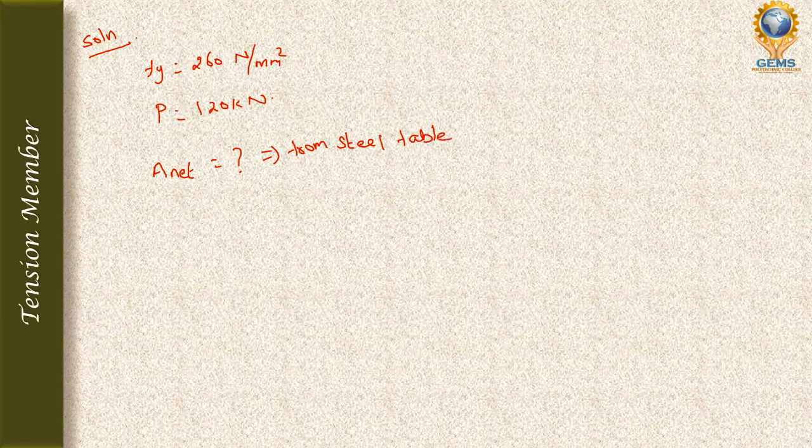P is equal to area of the net into sigma AT, so area of the net is equal to P divided by sigma AT.